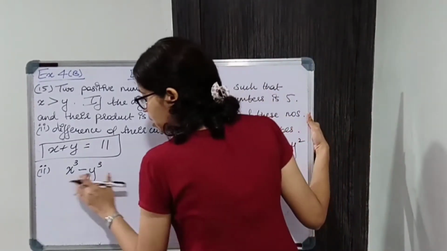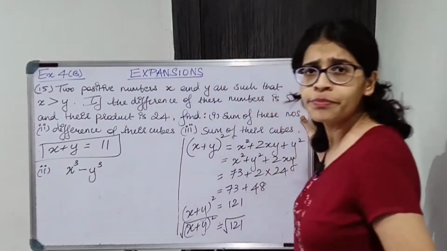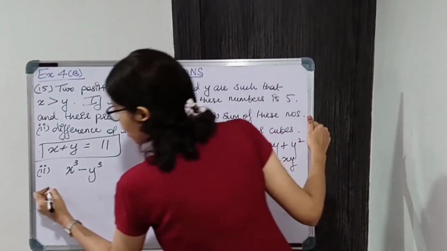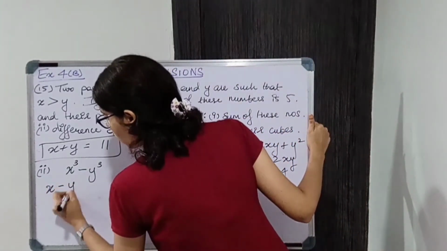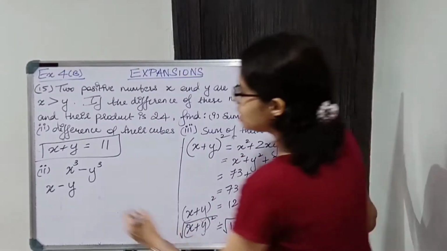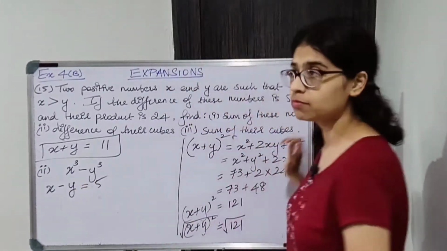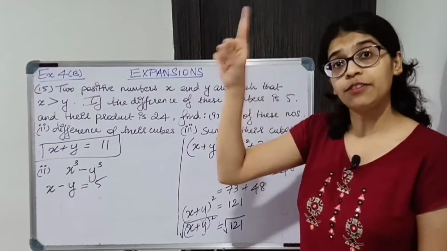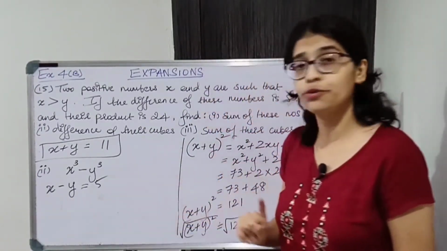Now this is what we have to find, so what we will do, we know that x minus y is equal to 5. Difference of the numbers is 5, we had framed earlier, x minus y is equal to 5.